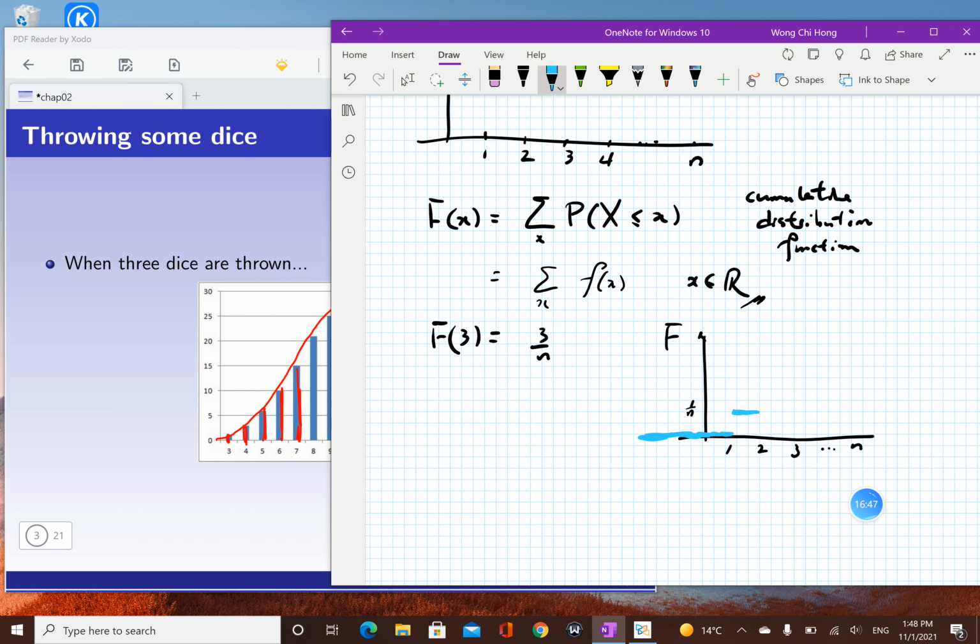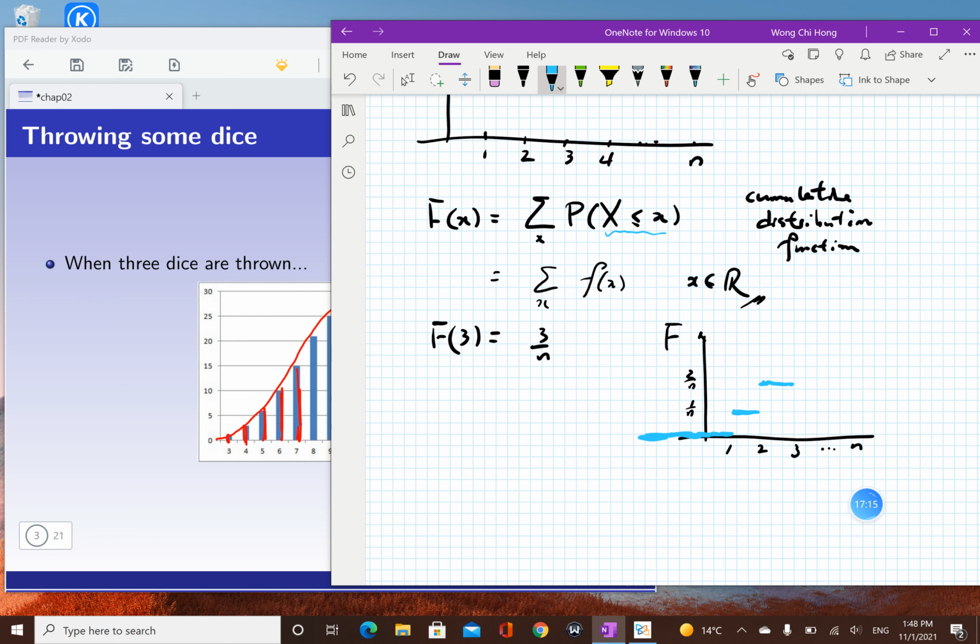And when x equals 2, it jumps up to another value like 2 over n, and it continues, because we're talking about the probability of X less than or equal to x. When we put x equal to 2 there, it'll be X less than or equal to 2. That's X equals 1 and X equals 2 there. So you have 2 over n.